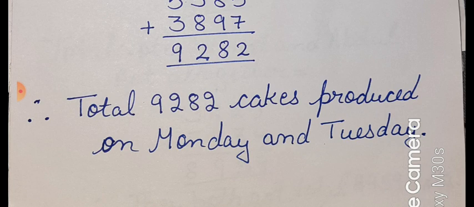Whenever you write the solution of any sum, at last you must write the answer clearly: therefore, total 9282 cakes produced on Monday and Tuesday. That means this is a solution line and you have to write it after every word problem in every chapter. Okay.